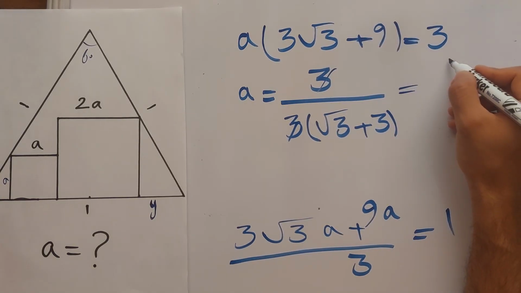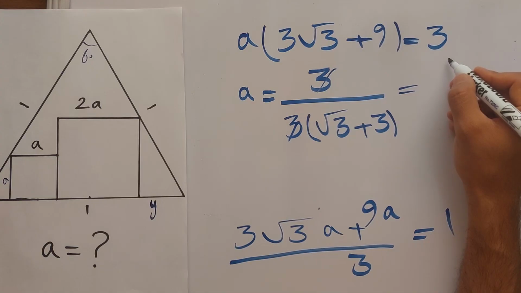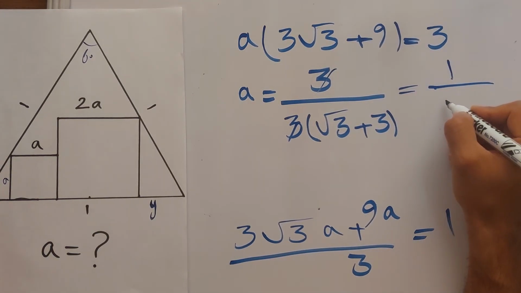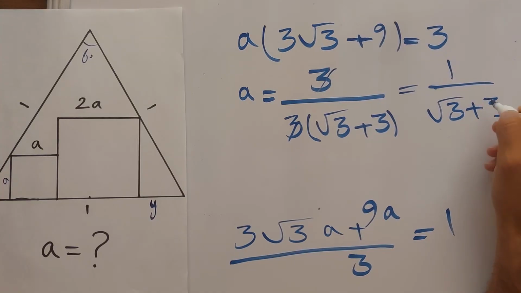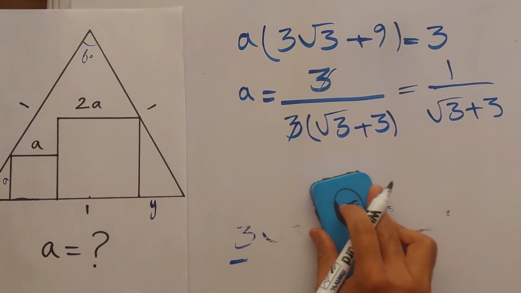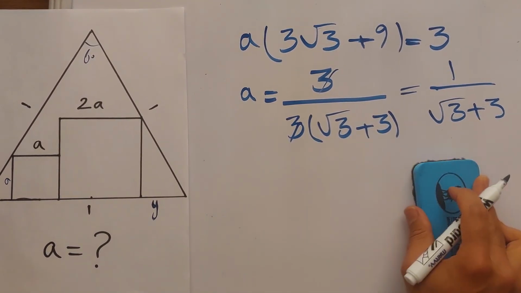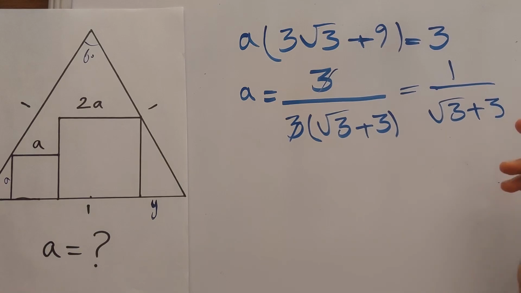Then the answer is 1 over square root of 3 plus 3. So that's the final answer, but we can also simplify that further by multiplying both the upper and the bottom part by the conjugate of the denominator.